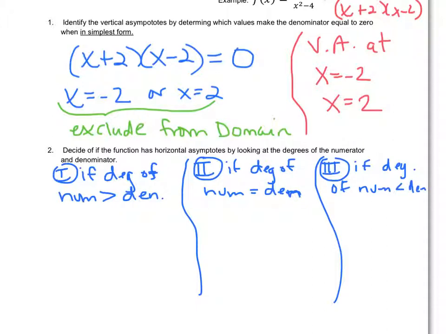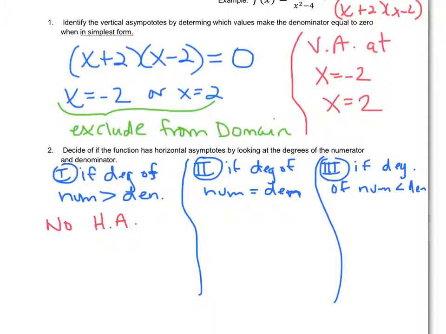Okay, so if the degree, going back to case 1, if the degree of the numerator is greater than the denominator, meaning in this case our degrees are equal, so we're going to be case 2 because they're both second degrees. But if the degree of the numerator is greater than that of the denominator, then there are no horizontal asymptotes.